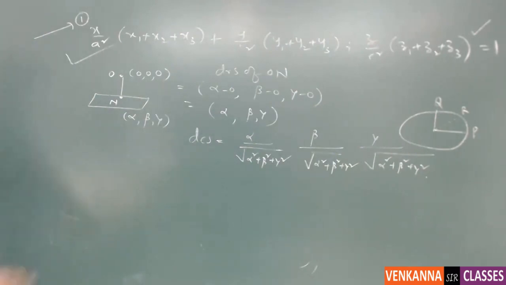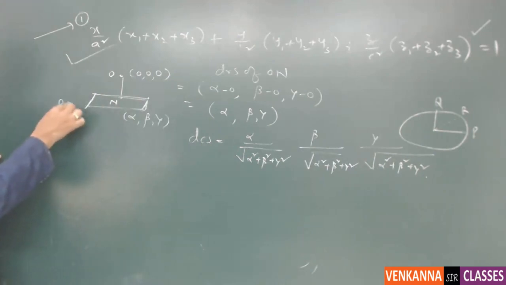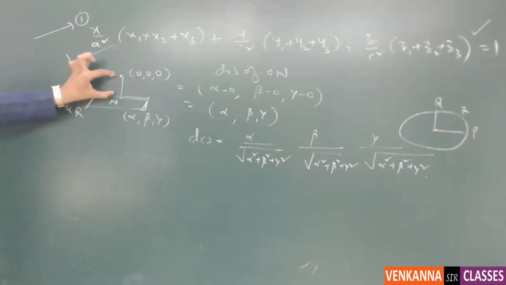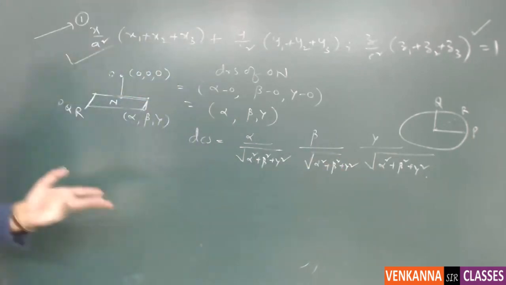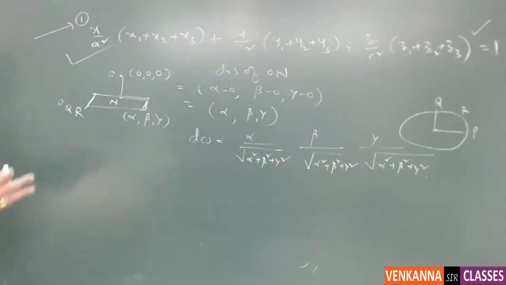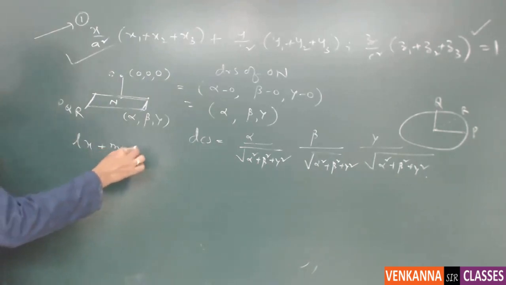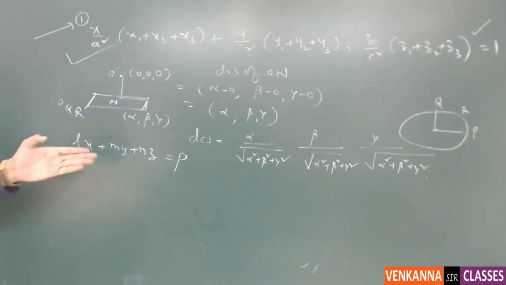If you observe that this is the plane equation PQR and this is its normal, the DCs of the normal are nothing but these values. So we know that a plane equation could be in the form Lx plus My plus Nz is equal to p, where p is nothing but the distance and L, M, N are nothing but the DCs. Accepted?